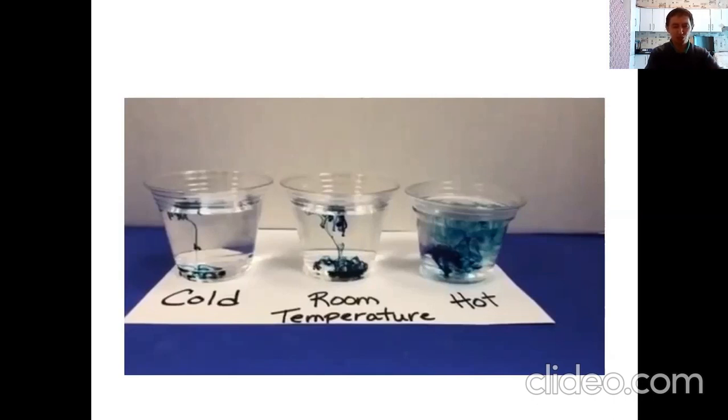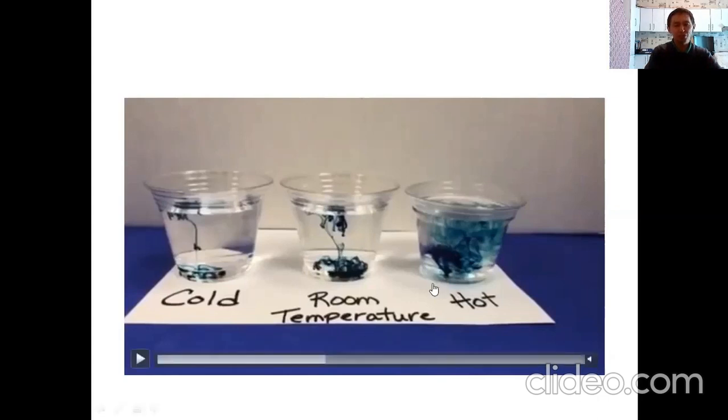As you see, in the hot water the paint spreads out as quickly as possible. The question is why? Any idea? Why does the paint spread out so quickly, namely in hot water? Interesting, isn't it?